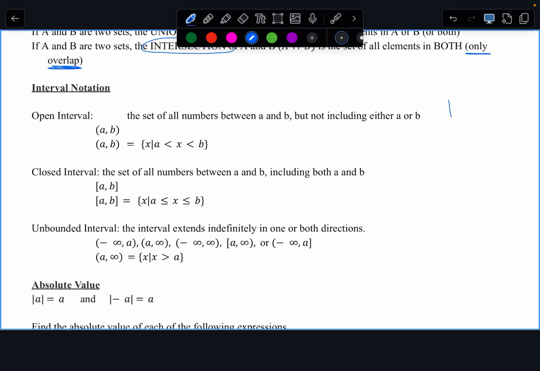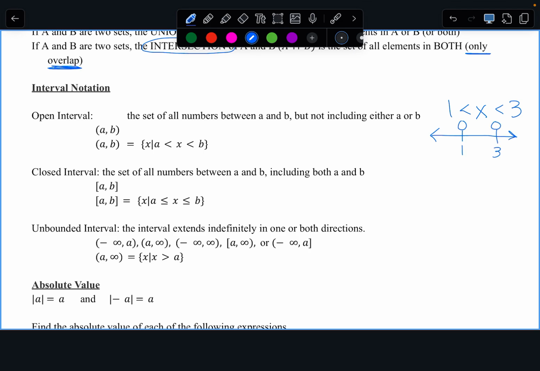If I say it's between 1 and 3, X is a number between 1 and 3, but there's no line underneath, so that's saying it doesn't include 1 and doesn't include 3. So if I were to graph that on a number line, I've got a 1, I've got a 3.